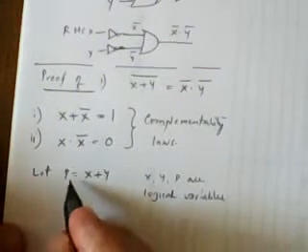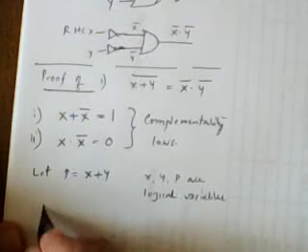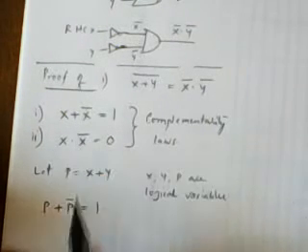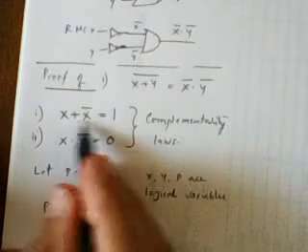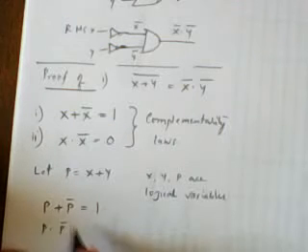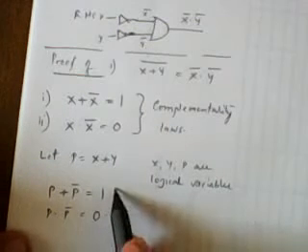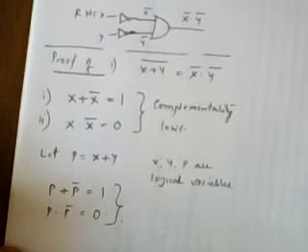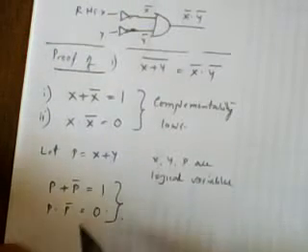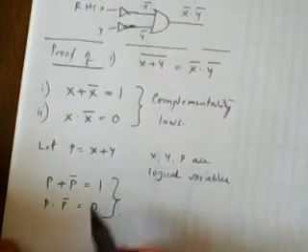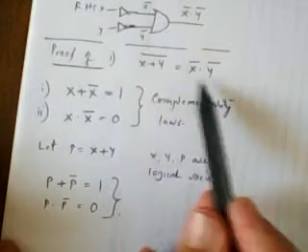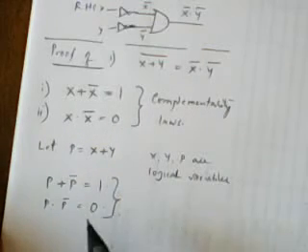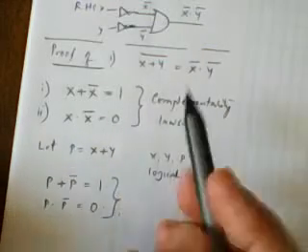Now, we know that with respect to P, I can write P plus P bar is equal to 1, following the same complement law, and P dot P bar is equal to 0. Now, by using this, I can write the expression as follows. To prove the theorem, we first assume that De Morgan's first theorem is true. That is why we substitute as follows.